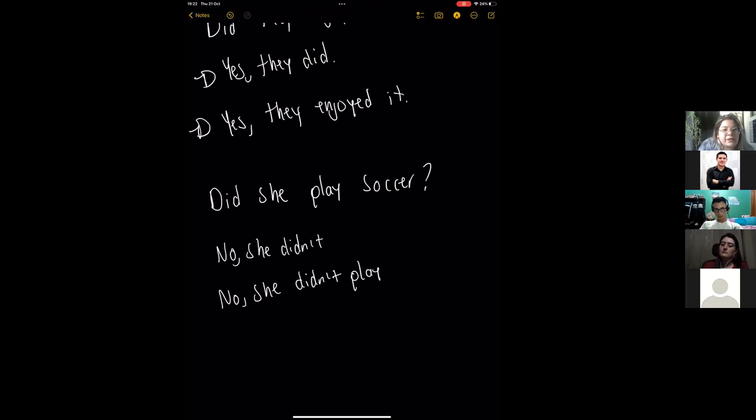Ay, no, sí, played. Ahí hay que quitar el didn't para poder poner played soccer. Exactly. O si no quiere poner didn't, pone play, no con ed. Si quiere decir que es negativa, como por ejemplo que ella no jugó soccer, then you need to remove the ED. Si usted la deja como no, she didn't play soccer, then that is correct.